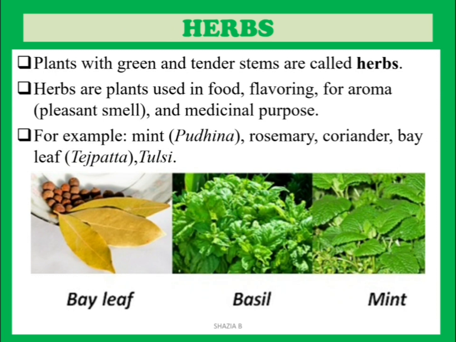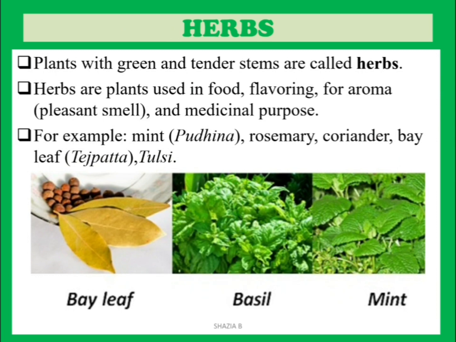Herbs are those plants which are very small in size. The best example we can think of is grass. They are usually of short height, and they have green and soft or tender stems.